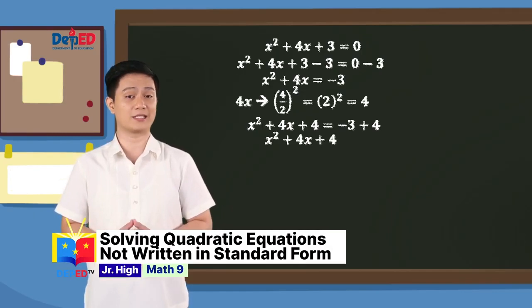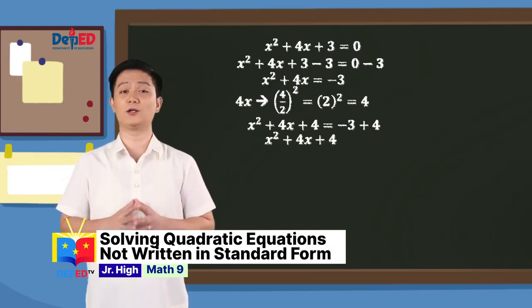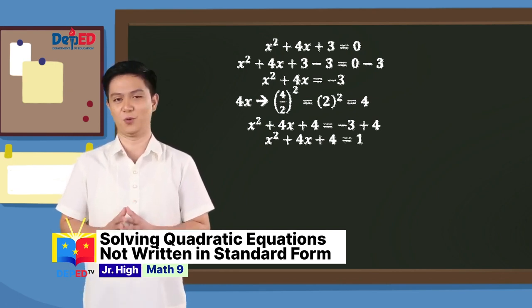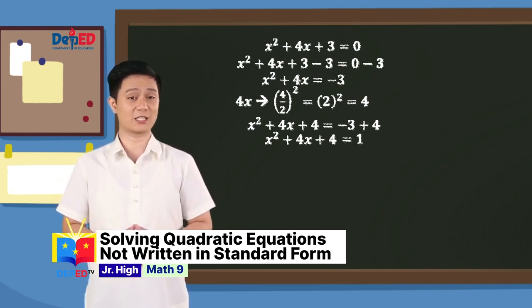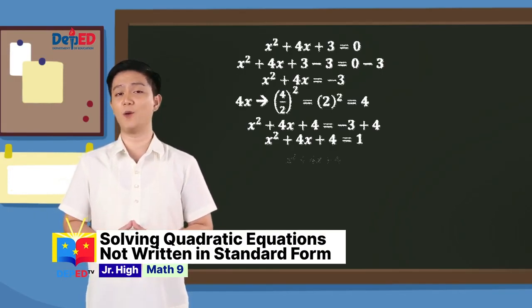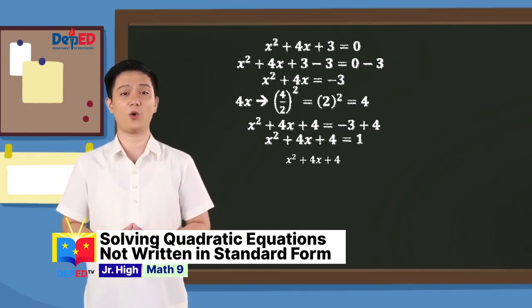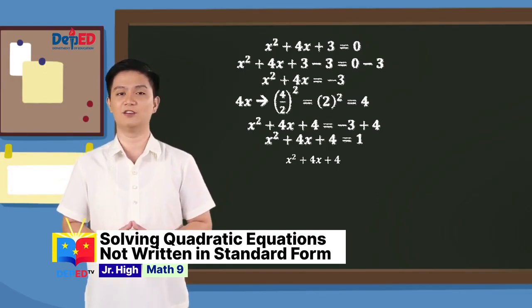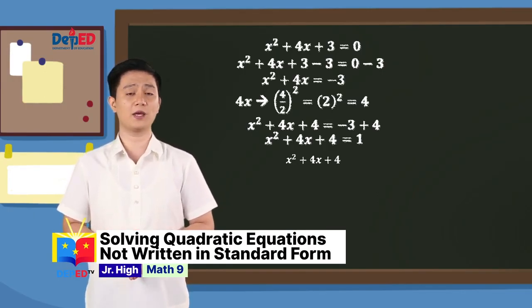The equation now contains a perfect square trinomial, which is x squared plus 4x plus 4 and is equal to 1. We express the perfect square trinomial x squared plus 4x plus 4 that is on the left side of the equation as a square of a binomial. We begin with getting the square root of x squared, which is x.